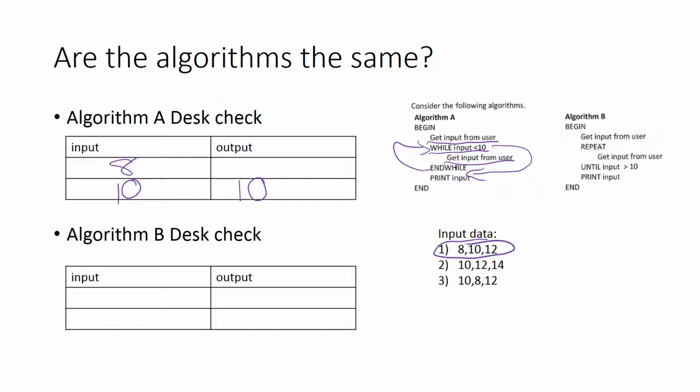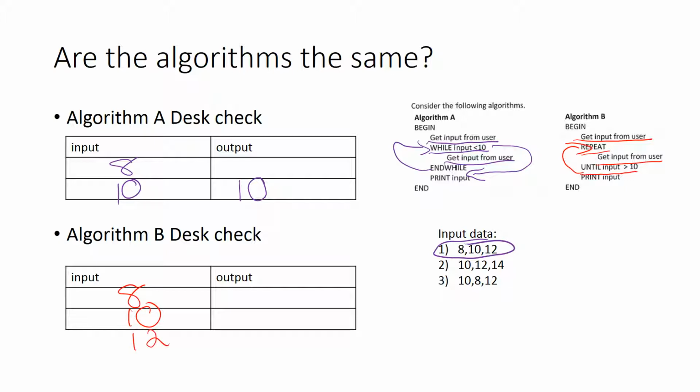Now let's look at algorithm B. Same test data. So we get input from the user, it's 8. We then repeat, we get input from the user again, it's 10. Now what happens? Input greater than 10. Is it greater than 10? No, it's not. So we're going to go up to the repeat and we're going to get input from the user again, which is 12.